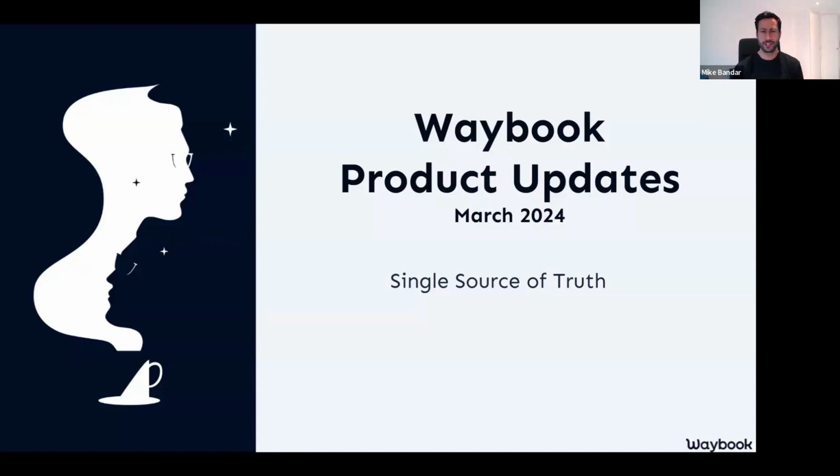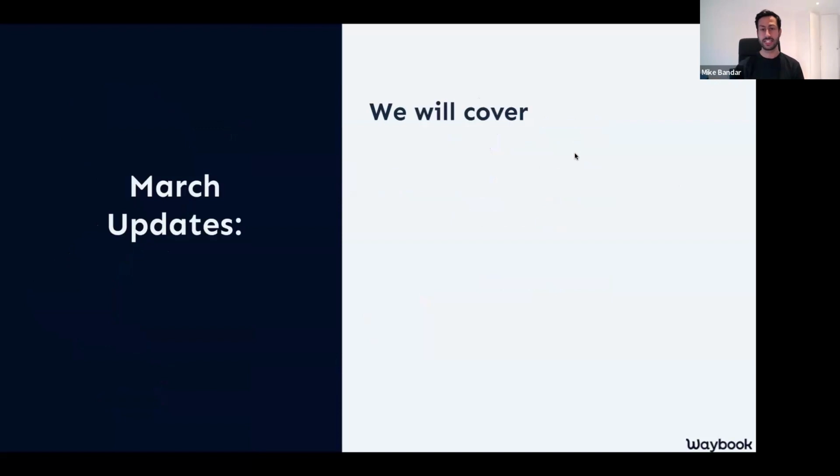So without further ado, let's get this show on the road and have a little look at some of the fundamental updates and improvements that have been happening across Waybook in the last month. Today we're going to cover the fundamental changes, which is the ability to reset individual progress.